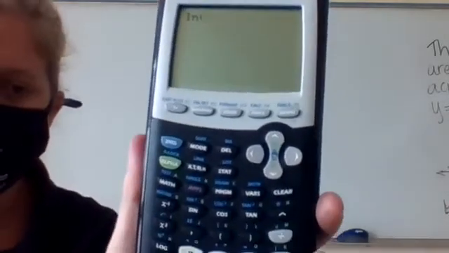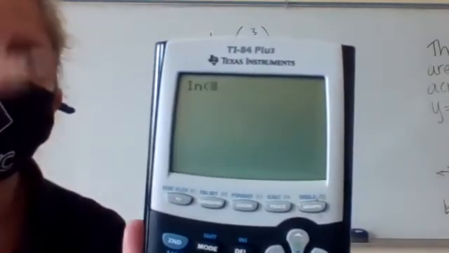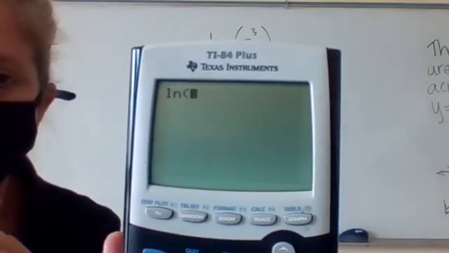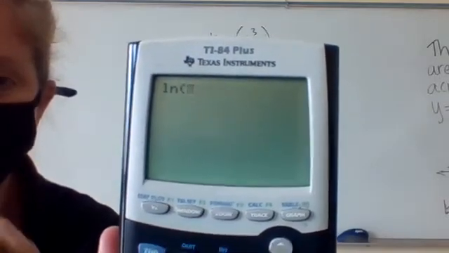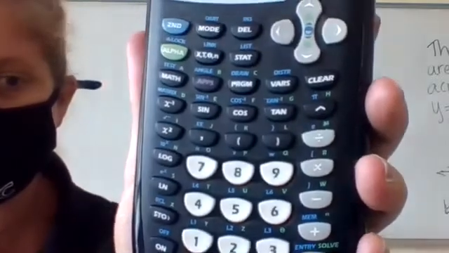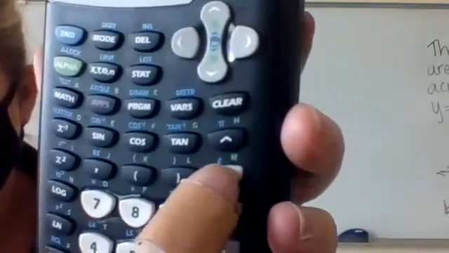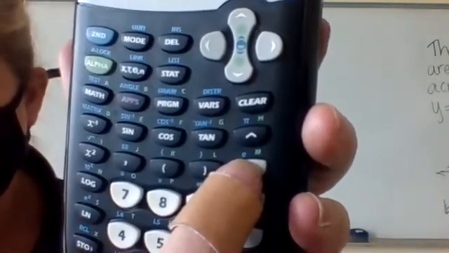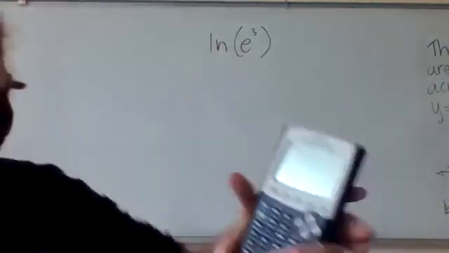Now, earlier when I was typing in 1 over e on a problem, I didn't want my e to have an exponent, right? So that's why I hit the second and then that e. This e, I need to have an exponent.